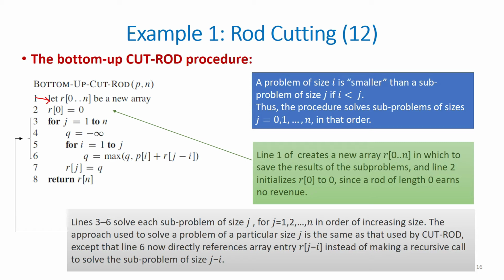By iterating over all j values in the for loop in the increasing order of size given on lines 3 to 6, we use the same approach used in the cut rod procedure for a particular j value, except that line 6 can directly access the optimal solution in the array for entry j minus i instead of the recursive call to solve the subproblem of size j minus i.